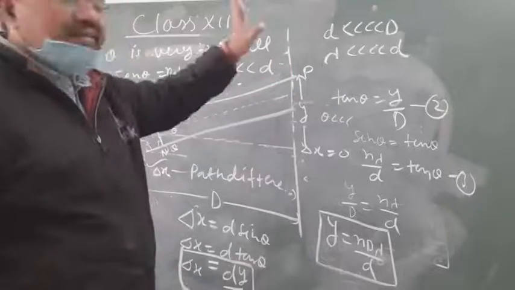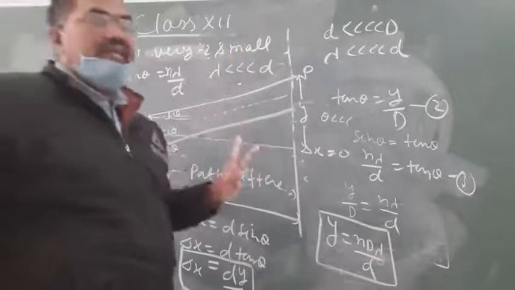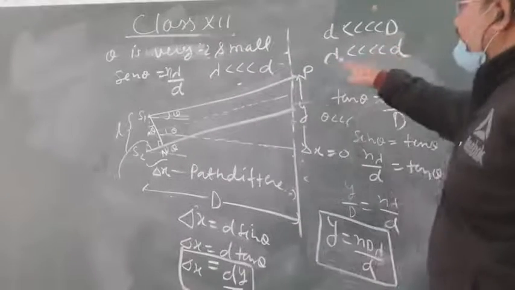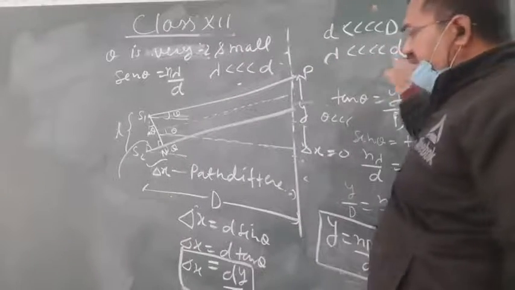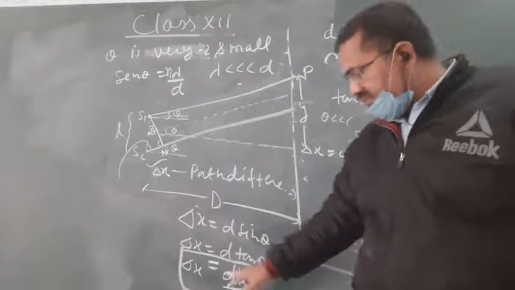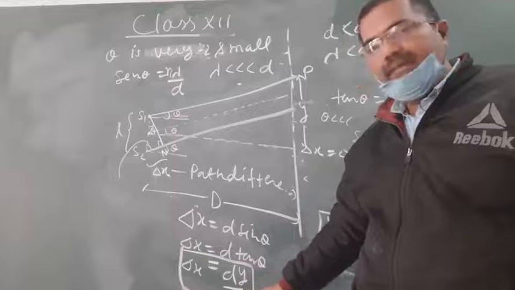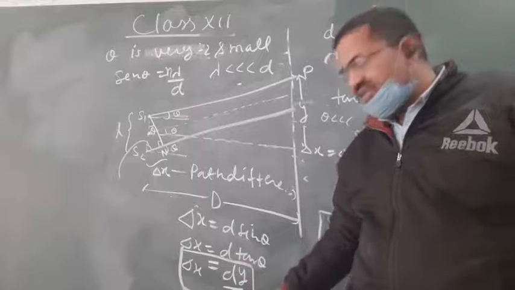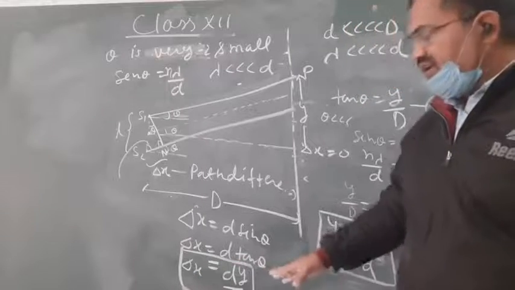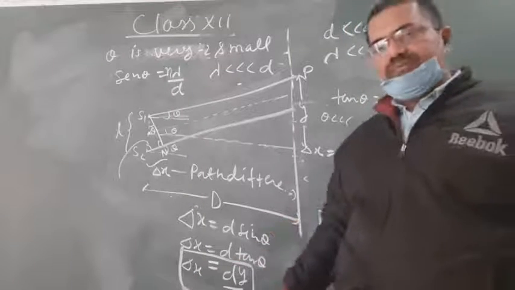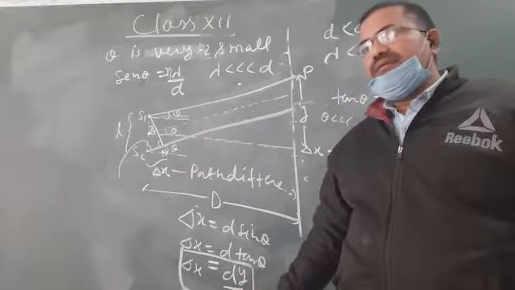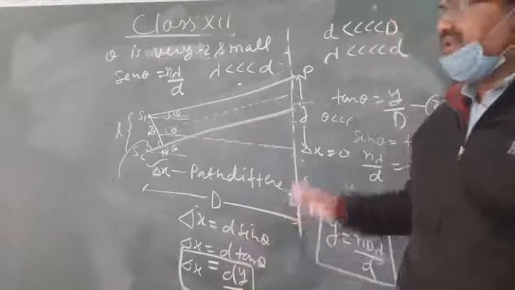In the second assumption case, if we take two assumptions, small d much smaller than capital D and lambda much smaller than small d, then you will find the path difference between two waves is equal to dy by D. This is the most general form. 95% of the time this formula is used for path difference between two waves, that is dy by D. It is much easier than the previous one.